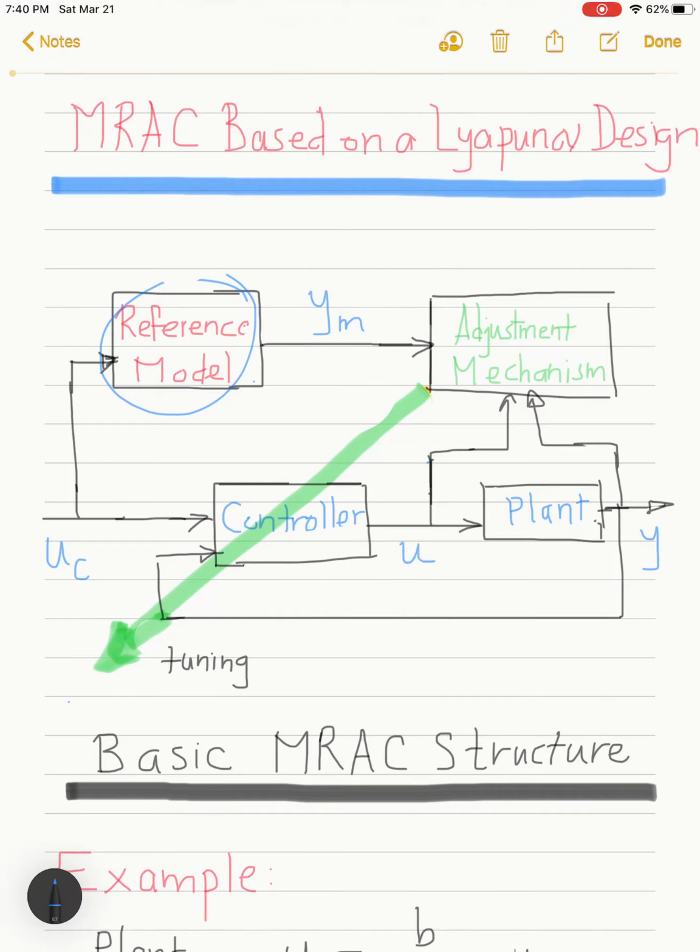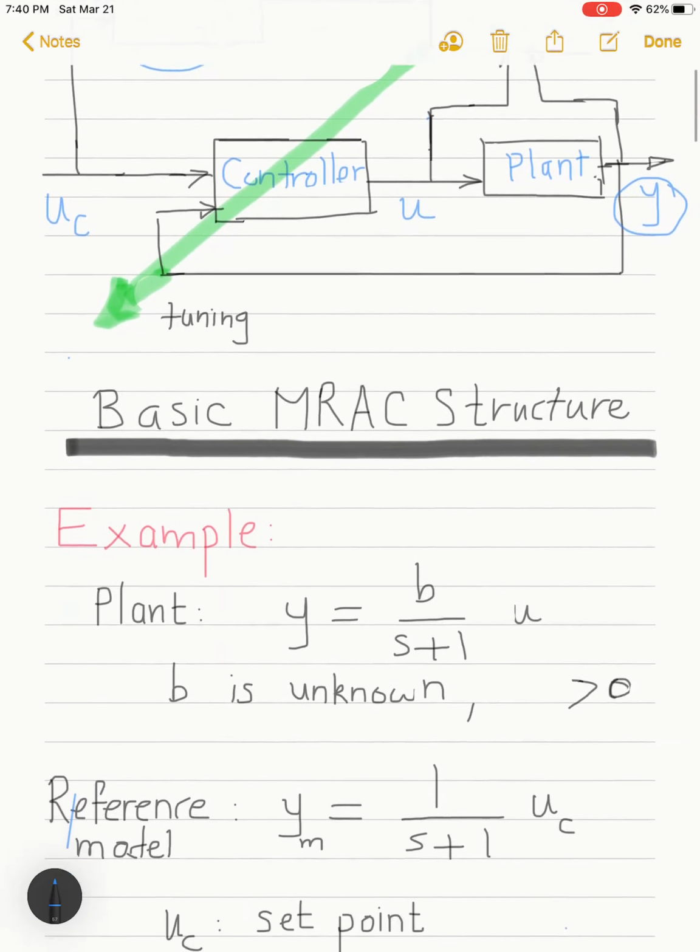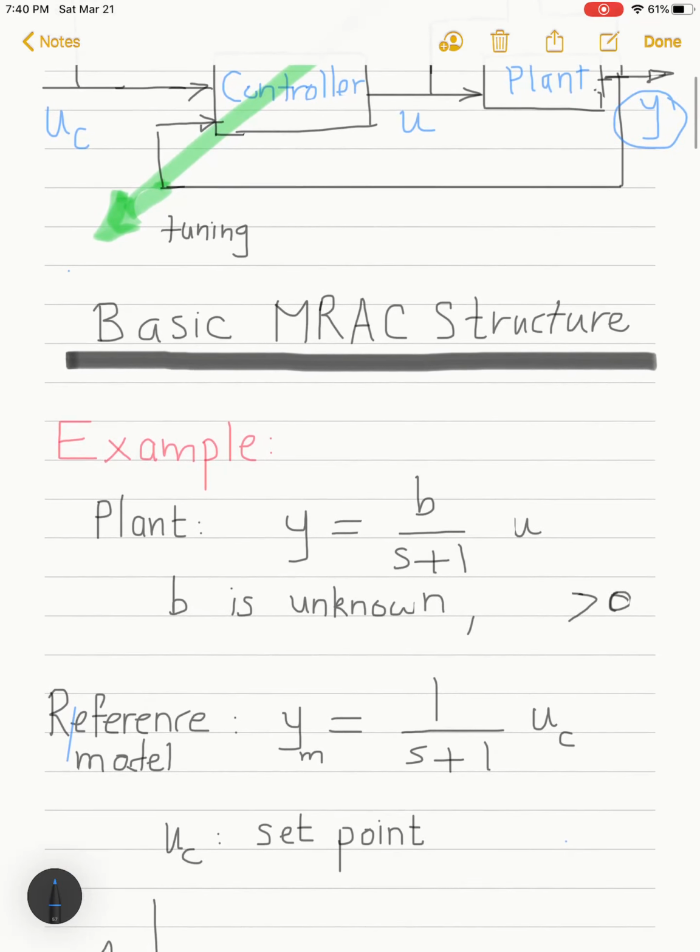Our purpose is to tune the controller using some adjustment mechanism so that Y would follow the reference model output YM. So now we'll consider a basic simple example to show how to use Lyapunov theorem in the design.